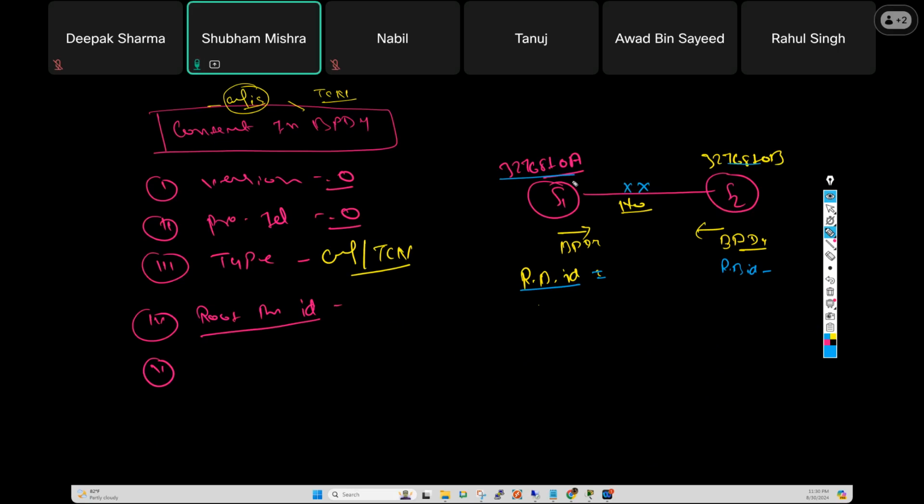So in the root bridge ID, you will get 32768 plus 0A here, and 32768 plus 0B here, because the election has not happened, and before the election both switches announce themselves as the root bridge.